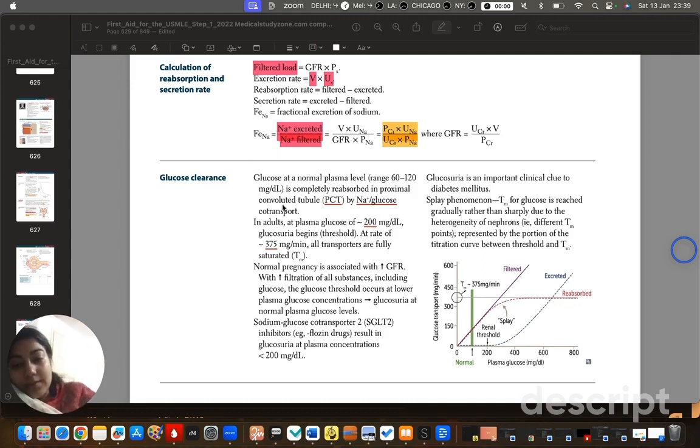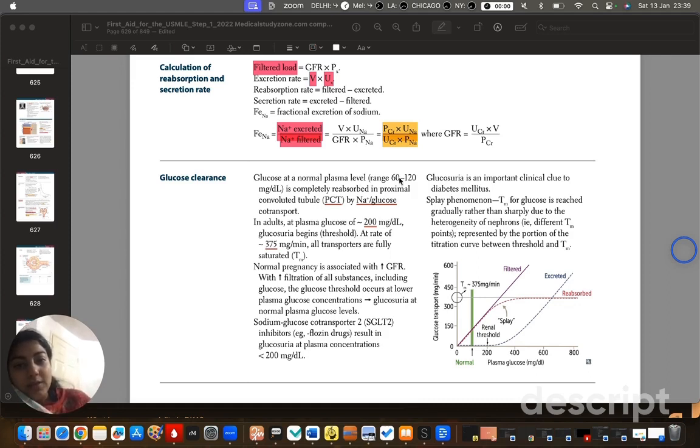And this is what it looks like. There are medicines that inhibit this transporter, and they cause increased glucose in your urine, which is dangerous because it can cause infections.